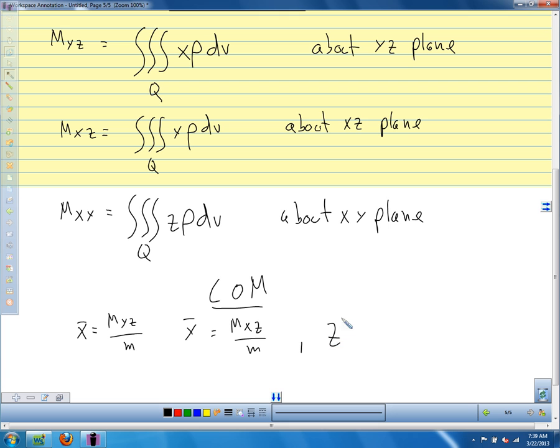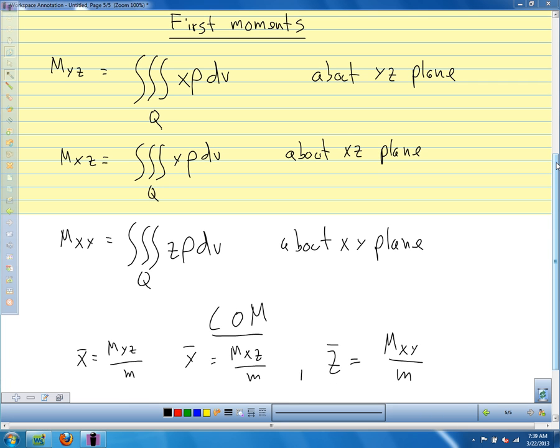And z bar is m sub xy over m. So that would be the center of mass of our solid. We're setting these up, again, much like we did with double integrals.